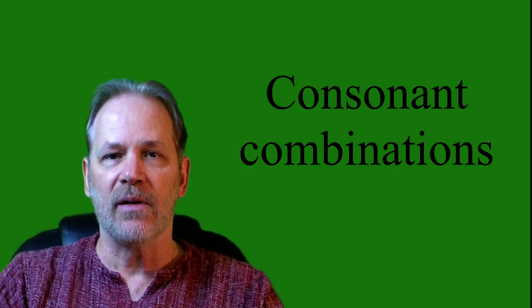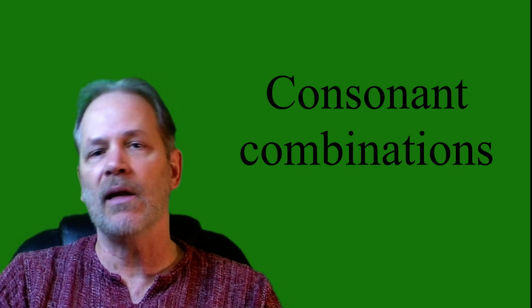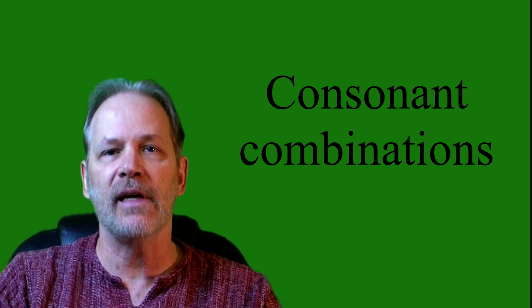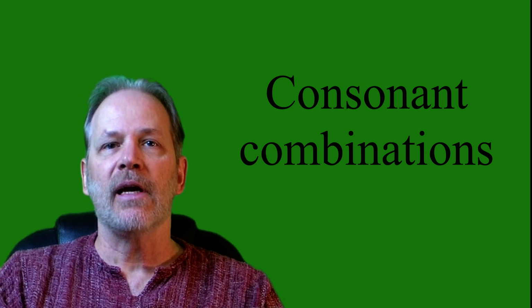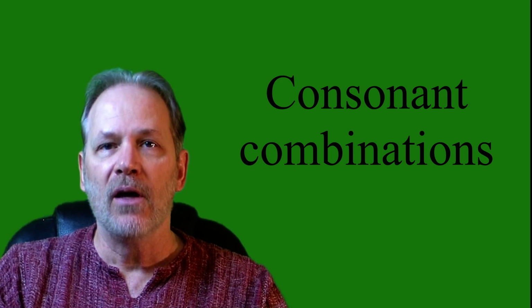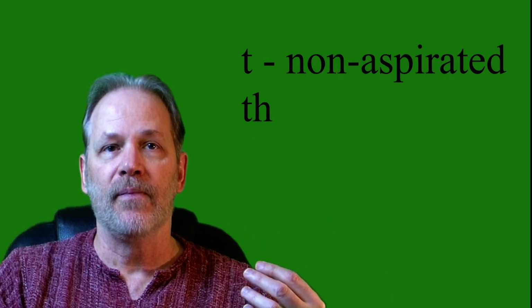Now, consonant combinations. There are quite a few consonants that are combined, like we have combinations in English, like CH and so on. A very important thing to understand is the difference between a single T and the TH in Vietnamese. A T by itself is non-aspirated.